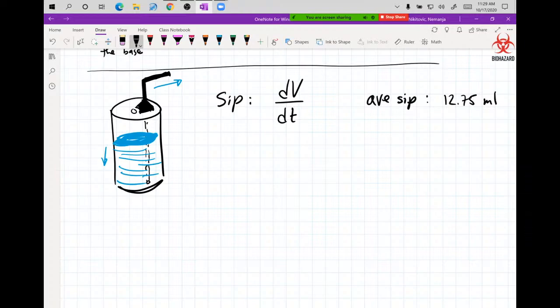And let's say it takes you a second to take the sip. So there is a volume of liquid, which is 12.75 milliliters, but you sip that over, let's say, 1 second. That's how long it takes to transfer that one sip from the container to your mouth.